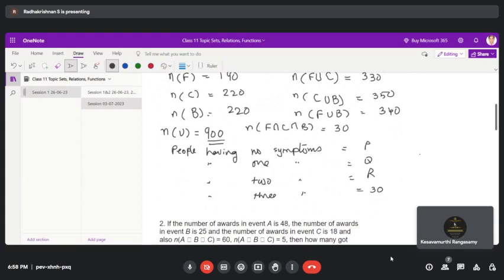So we have to find P plus Q. The sum of all, P plus Q plus R plus 30, is obviously 900, that is the universe. This is exactly one symptom, two symptoms, no symptom, three symptoms, so it has to be 900. Now how to find P plus Q? Either we can calculate P and Q, or what is the alternative?